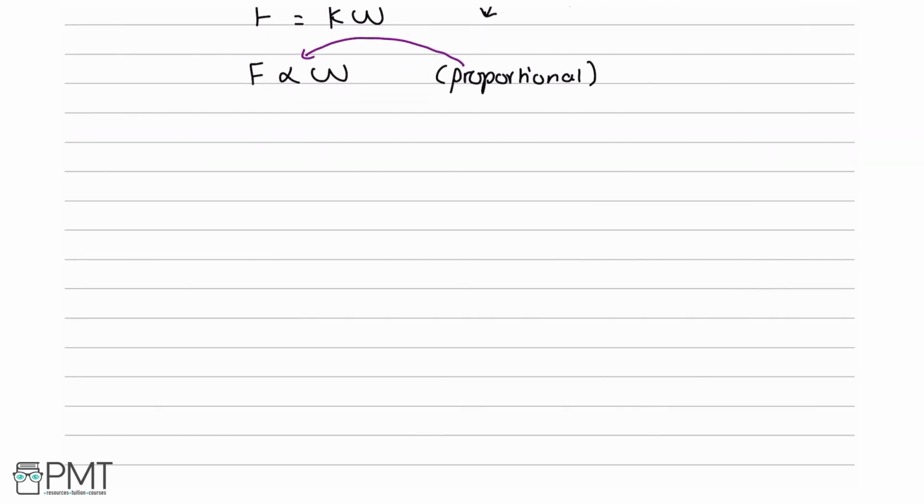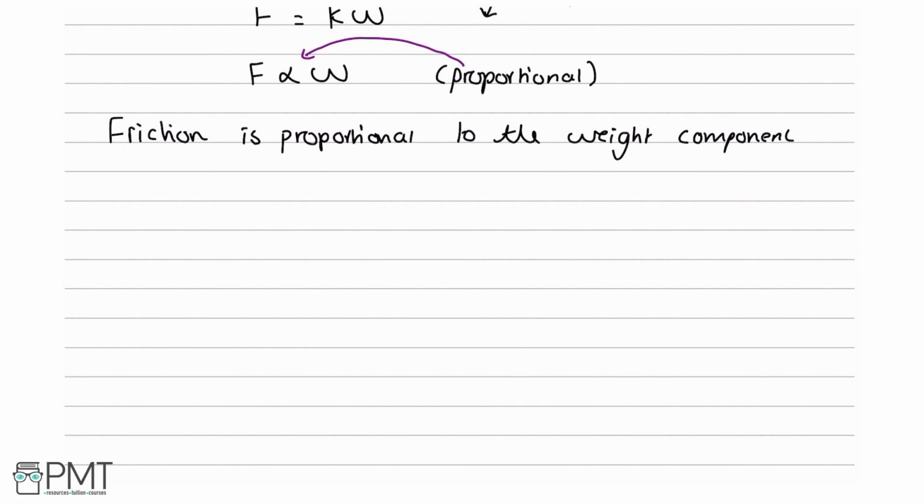So from here, we'll say that friction is proportional to the weight component. This is the translation between the mathematical language and the language we're going to have to write our final answer in.